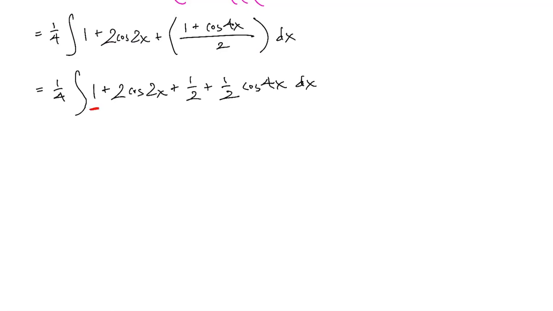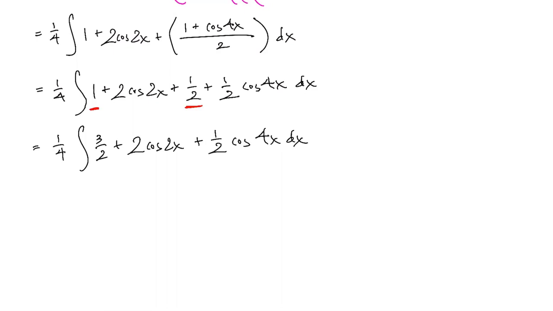For example, there's a 1 and a 1/2, and I can combine those to make a 3/2. So the integral of 3/2 plus 2 cosine 2x plus 1/2 cosine 4x dx.